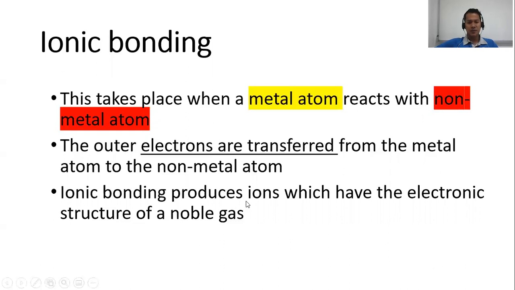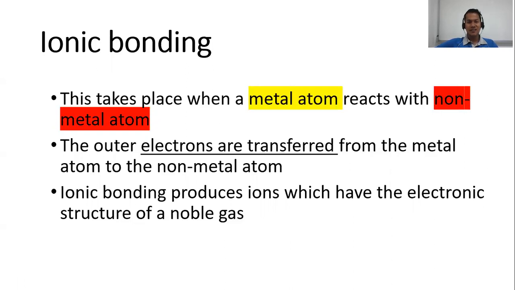Ionic bonding produces ions which have the electronic structure of a noble gas. You remember the octet rule, all right? The atom's goal is to complete their valence electrons, and that's their happiest moment.